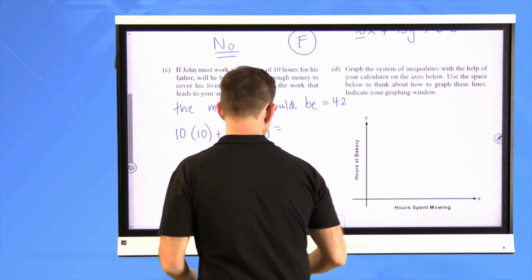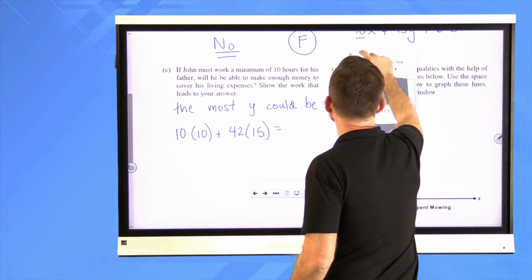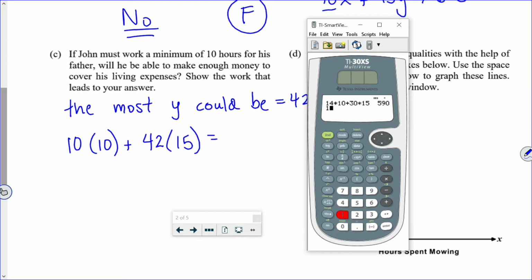Let's see how much money this is, and will it be enough to get past that $600? Actually, let me clear this out so you can see it a little bit better. 10 times 10, again 10 hours mowing times $10 an hour, plus 42 hours at the bakery times $15 an hour gives me $730.